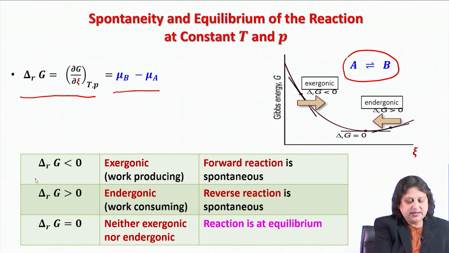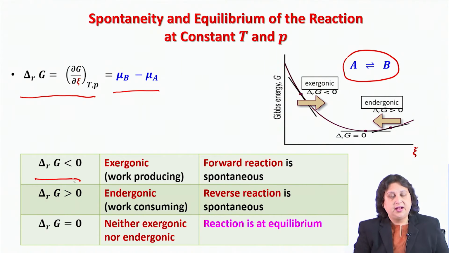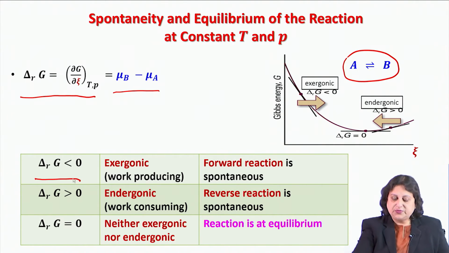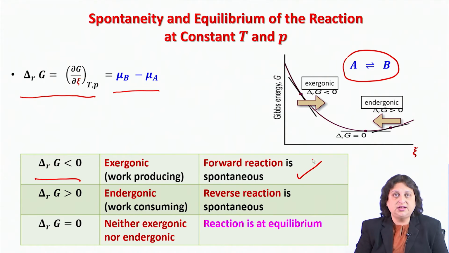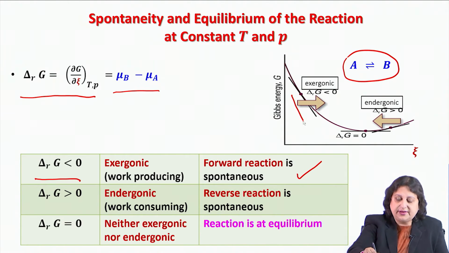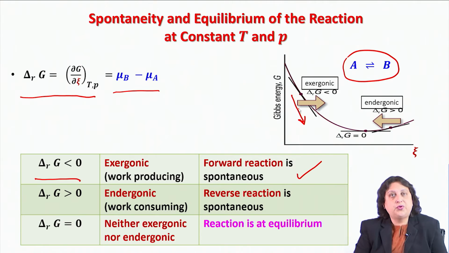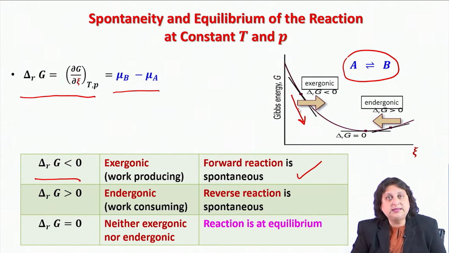If the reaction Gibbs energy is negative, I understand that the forward reaction is spontaneous, and such reactions are called exergonic or work producing because the system undergoes a decrease in Gibbs free energy in this direction, and therefore this amount which is getting decreased can be used to do useful work in the surroundings.